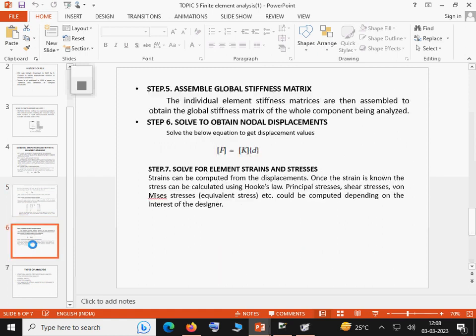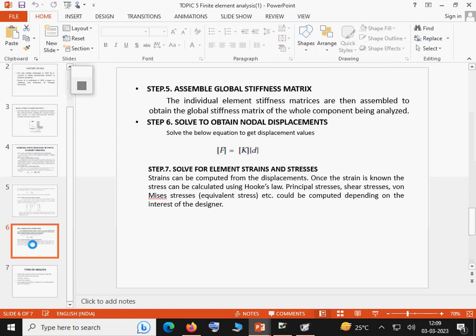I already told, assemble the global stiffness matrix. You have to assemble the individual element matrices to obtain the global stiffness matrix. To the global stiffness matrix we apply the boundary conditions, like which boundaries are arrested, with 0 degrees of freedom, and what loads are applied, either point load, UVL or UDL.